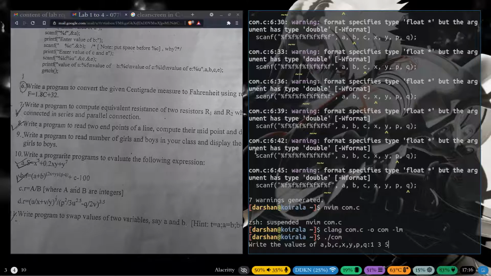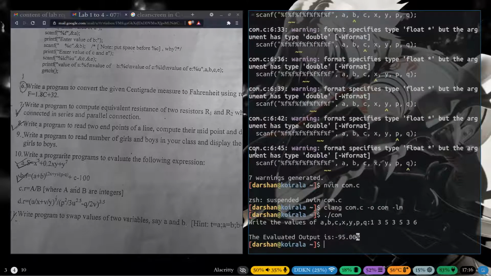One, 3, 5, 4, 4, 6. 1, 2, 3, 4, 5, 6. Minus 95. Let me check whether that is correct or not. I do not really have a calculator, so I have to check that on my mobile phone.